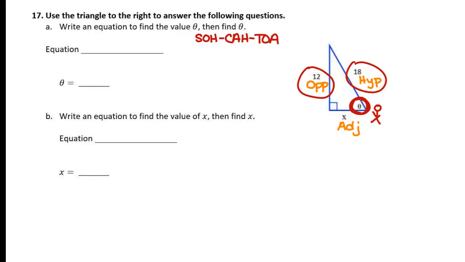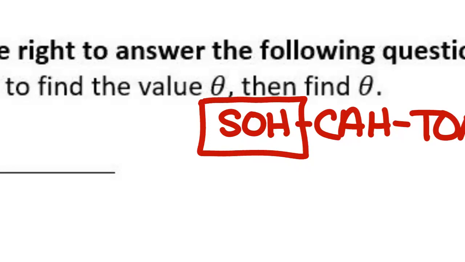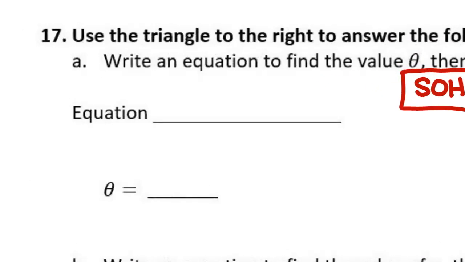Which one uses opposite and hypotenuse? Sine. When I have an angle, I use sine, cosine, or tangent to find a missing side. Does anybody remember what we use when we have the sides, but we want the angle?